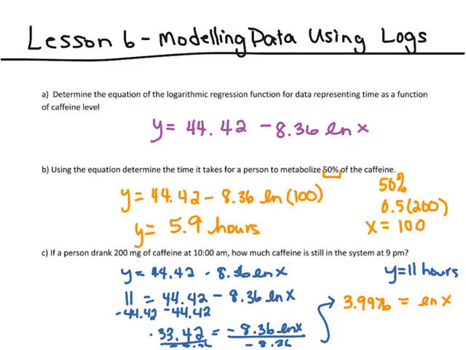So this would change this to x is equal to e, because it's a natural logarithm, to the power of 3.9976. Remember, you always put your exponent first when it's the logarithms. So you type in e to the power of 3.9976, and you get x equal 54.467. So roughly you have 54.5 milligrams of caffeine left in your system.